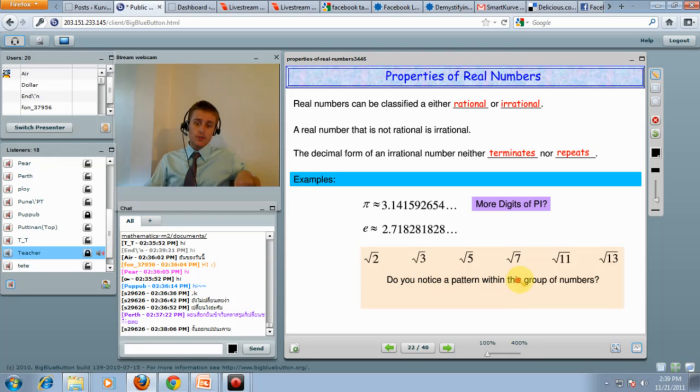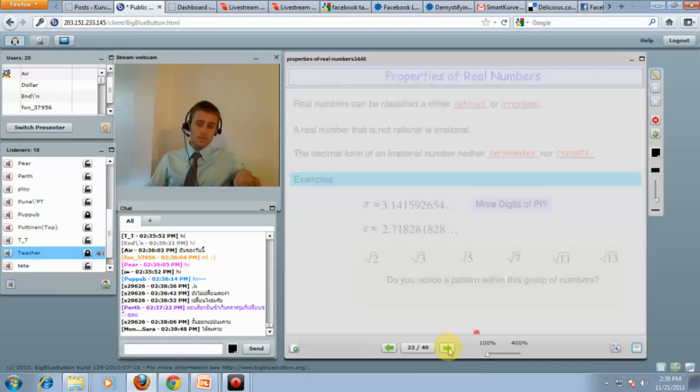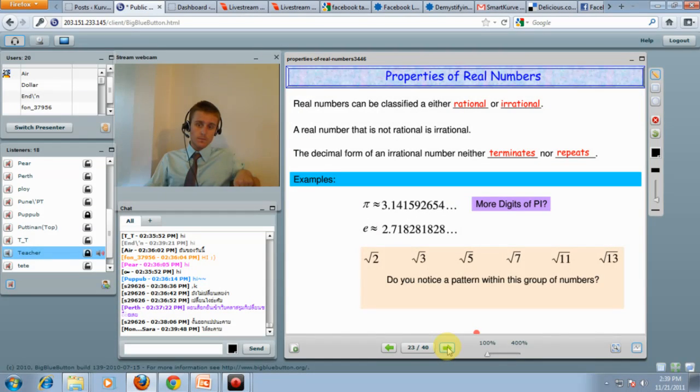Do you notice a pattern within this group of numbers? Root of 2, root of 3, root of 5, root of 7, root of 11, and root of 13. Does anyone notice a pattern? They're all prime numbers.